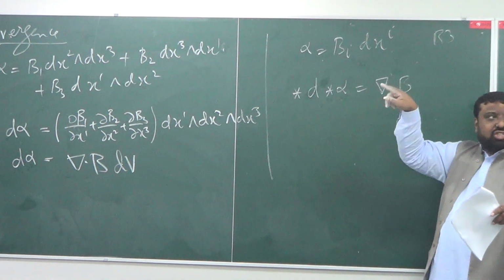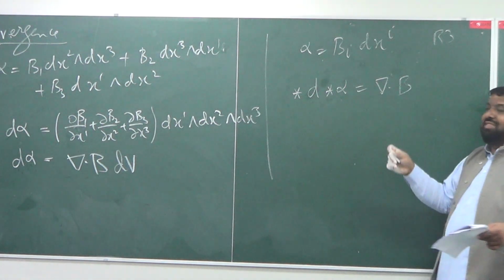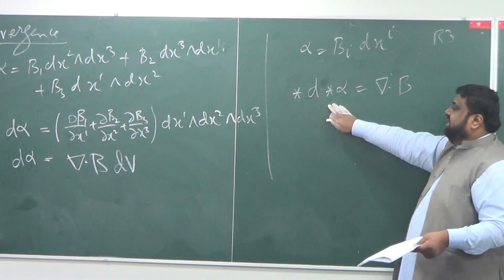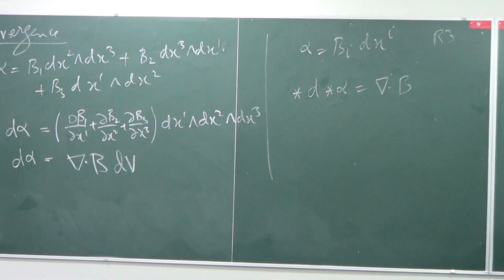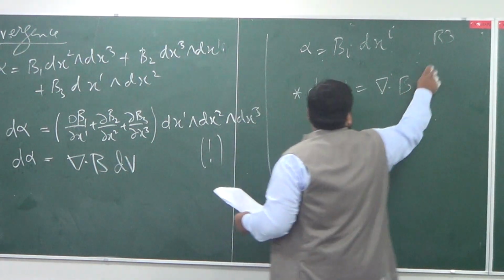It's 3 minus 3, so it's a zero form. And that zero form would be the divergence of the B field. So that's an expression for the divergence in a volume element. So verify these. That's an important thing.